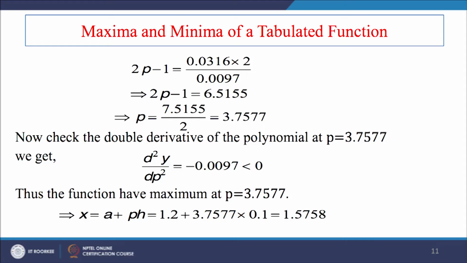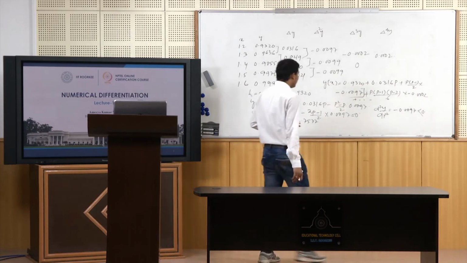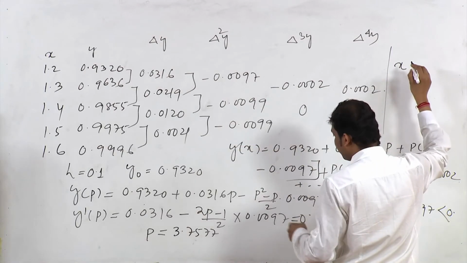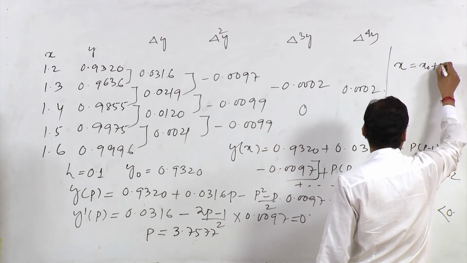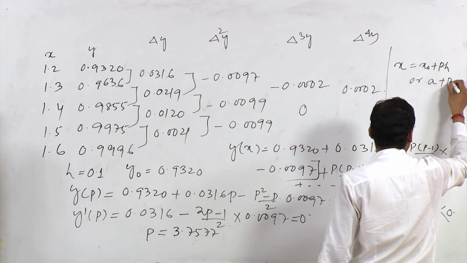To obtain the values of x for that p, we have to consider again x equals x0 plus ph, or x equals a plus ph. So to find this x value for the corresponding p value here, x can be written as x0 plus ph, or a plus ph.